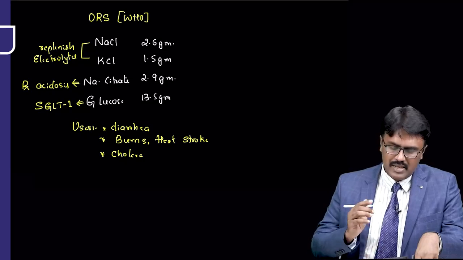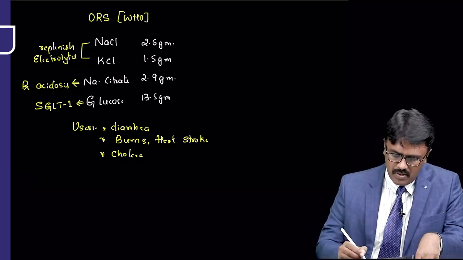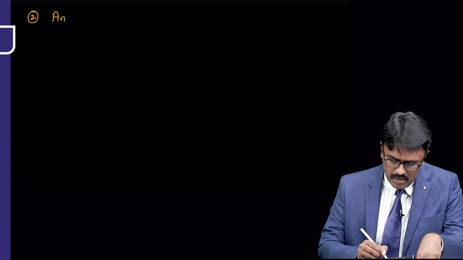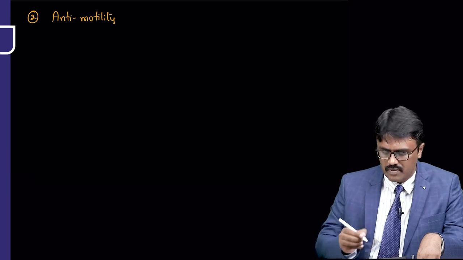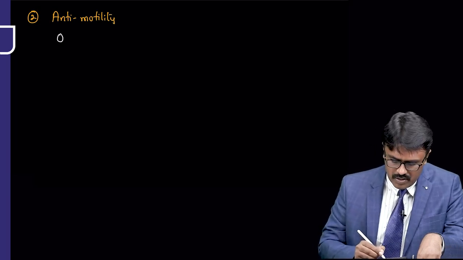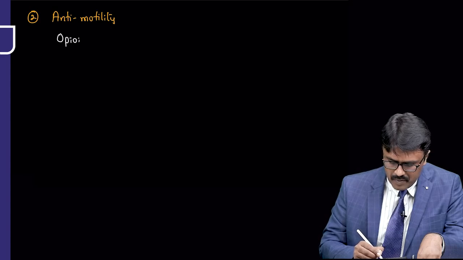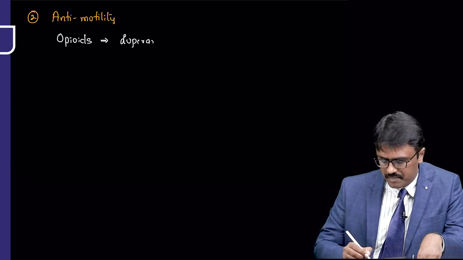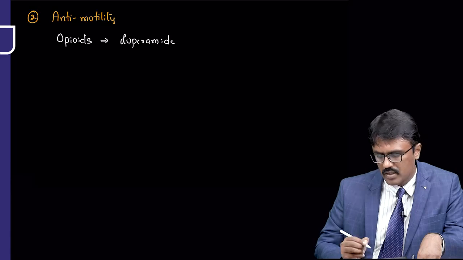So once you do the rehydration, the second important thing you need to do is stop the secretion, stop the motility. So we have drugs which are called anti-motility drugs. What are these anti-motility drugs? They are nothing but opioids. What is the name of the opioid? The name of the opioid is loperamide.